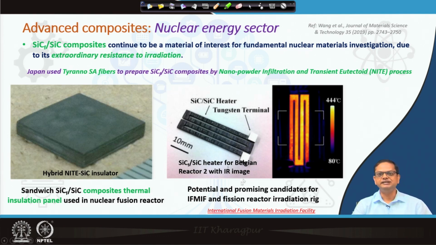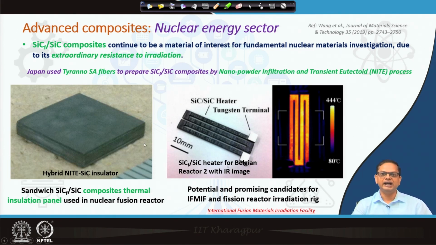Again you can see here a SiC heater, and it is in working condition. Again these are used in nuclear fission reactors. So, SiC composite material is extremely important in the nuclear energy sector.